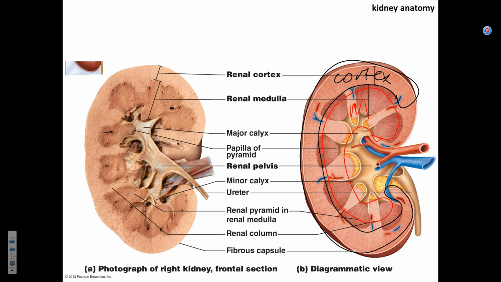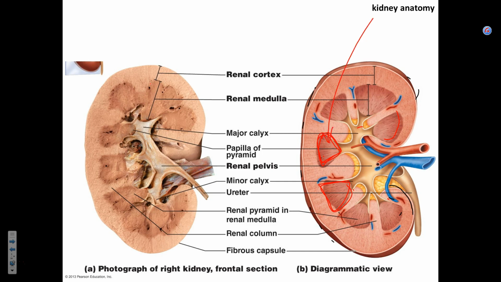You can see that there are some substructures both in cortex and medulla. So what are those? The darker triangular shaped structures within the medulla are called renal pyramids.